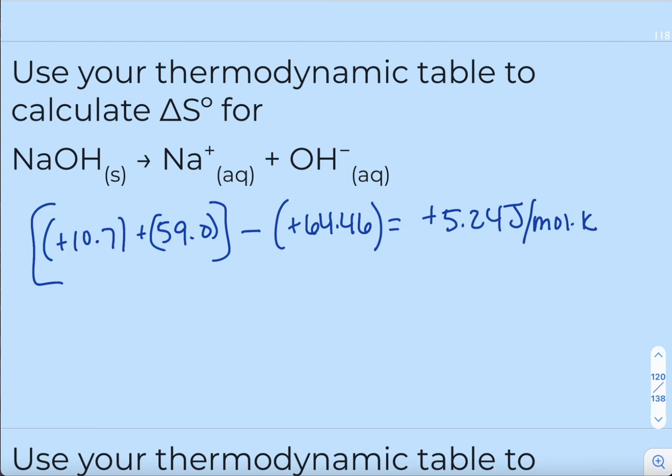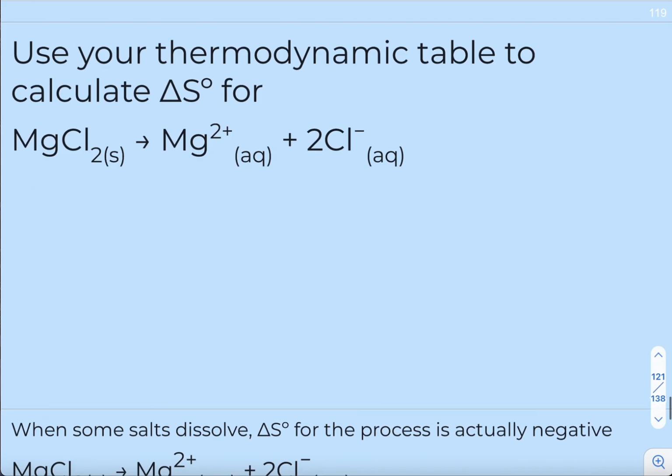Okay, so this is positive delta S, thermodynamically favorable, which is what you would expect for putting salt in water because it happens pretty quickly, right? You put a salt in water, and this isn't NaCl, but NaOH, it's a salt, it's going to dissolve. So let's take a look at a different salt, MgCl2.